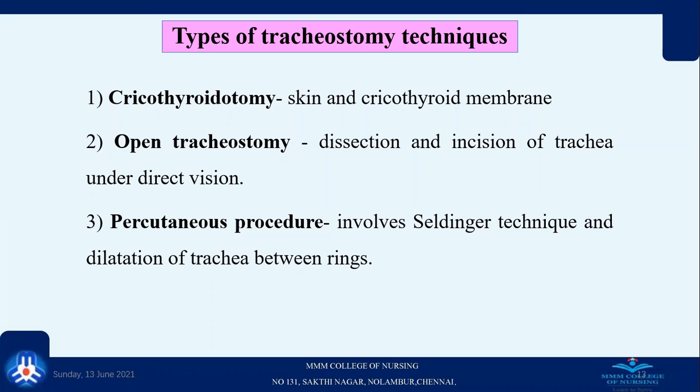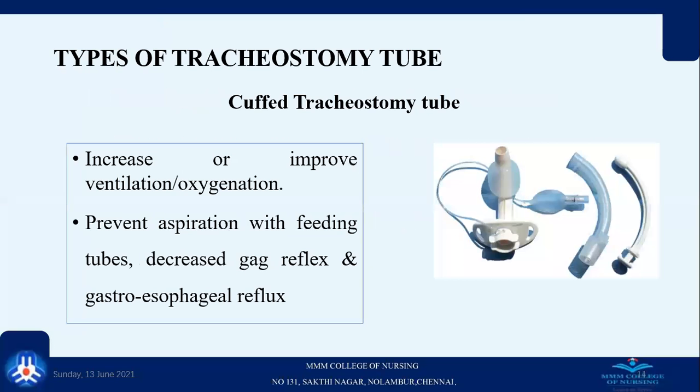Usually it is done at the operation theatre before the patient undergoes any head and neck surgeries or ENT surgeries. And the third one is the percutaneous procedure, usually done at the bedside, where the Seldinger technique will be used to dilate the trachea between the rings, and the opening will be created and the tracheostomy tube will be inserted.